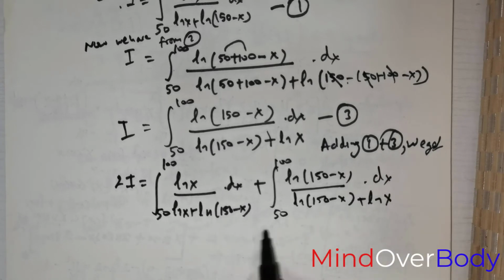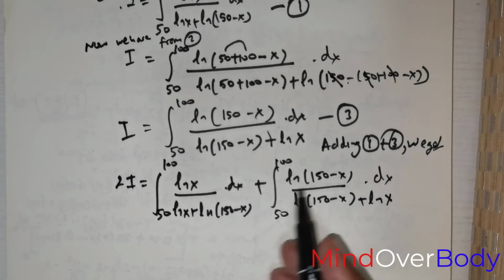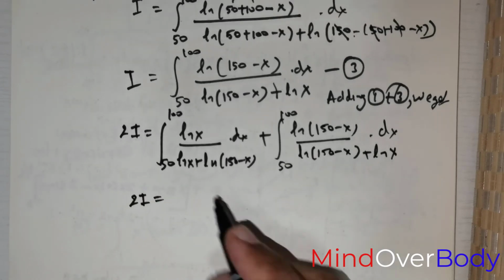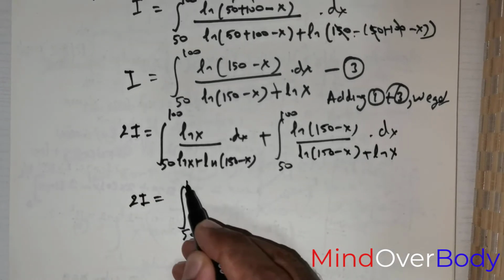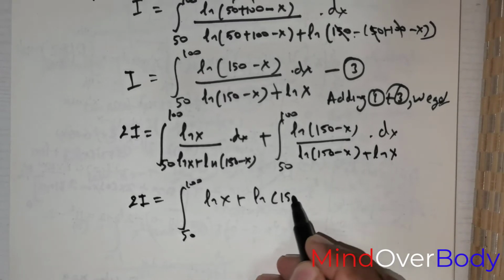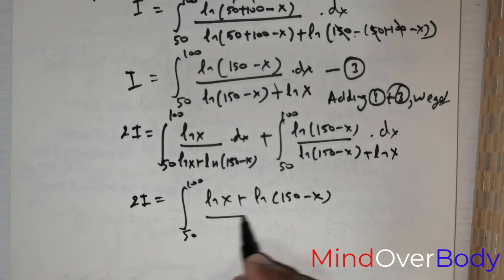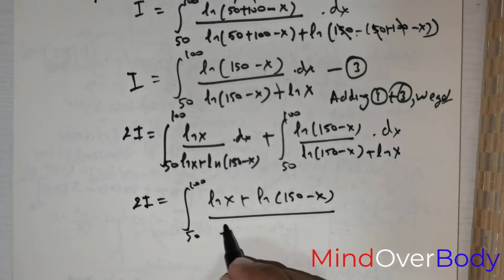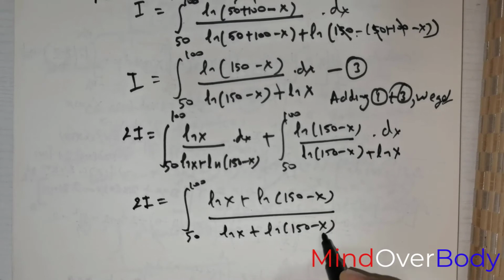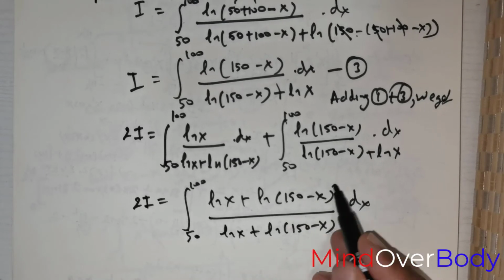The denominator is one and the same, and thereby we can club them. So we got 2I equal to the integral from 50 to 100 of (ln x + ln(150 − x)) divided by (ln x + ln(150 − x)) dx.